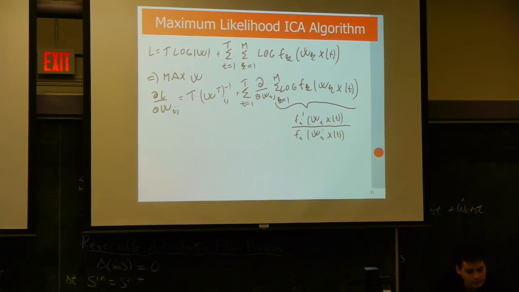And we need to multiply this with what? I'm calculating the derivative of this with respect to w_ij, so I need to multiply this with x_j(t). Is it clear?